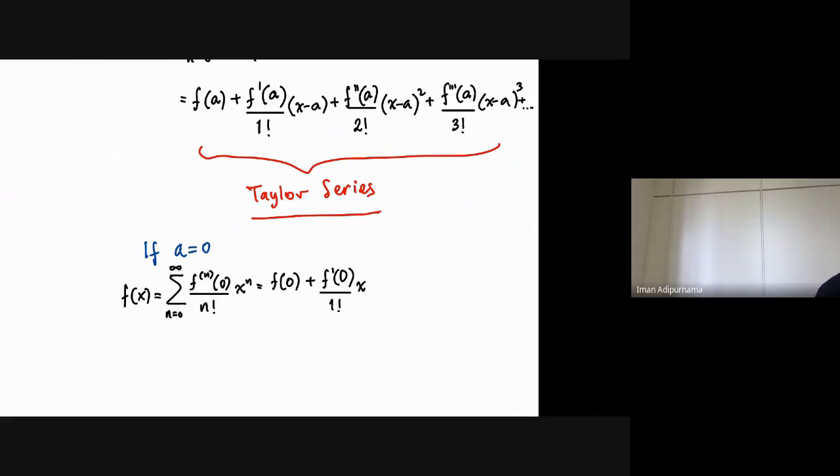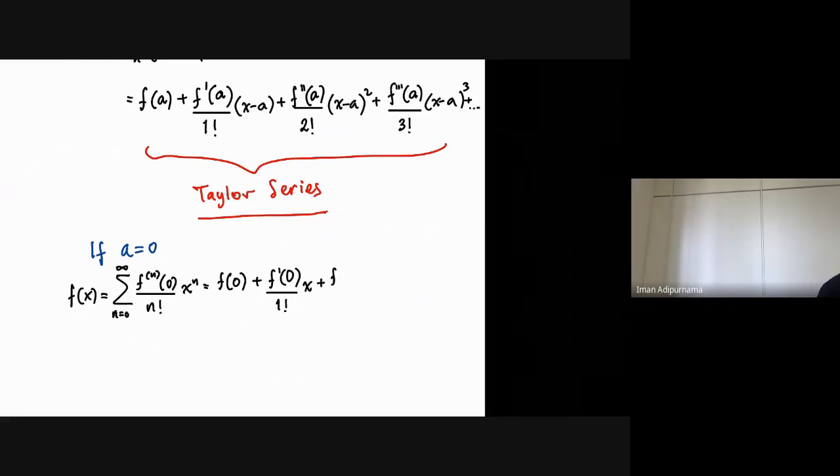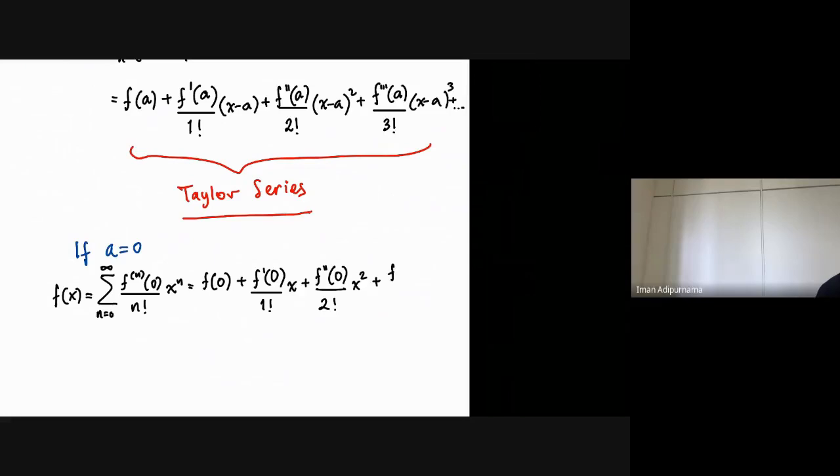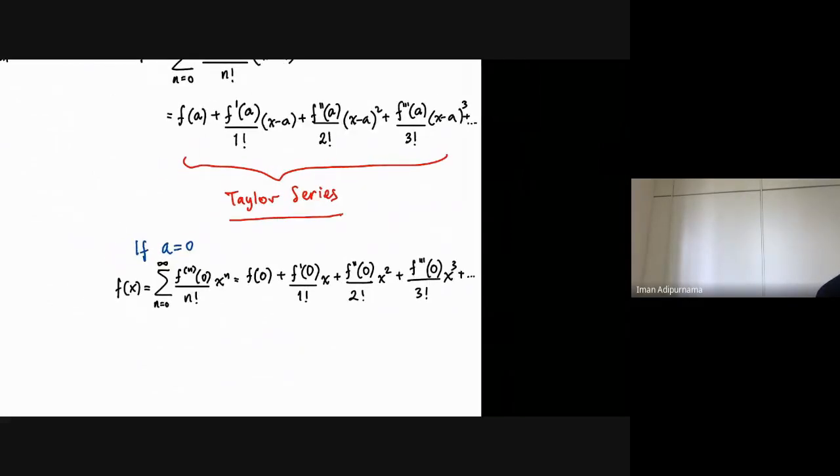For this part, it is just x, and then plus... and this is actually what we call the Maclaurin series.